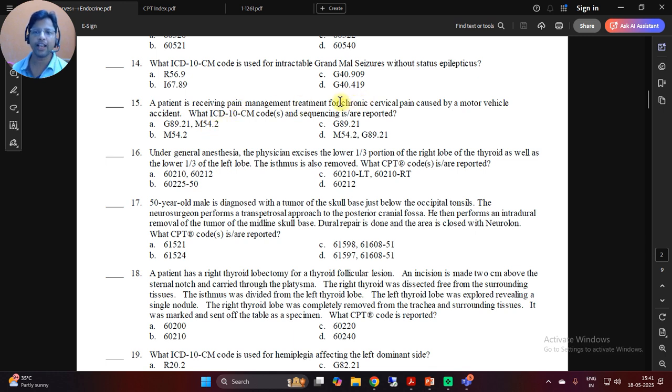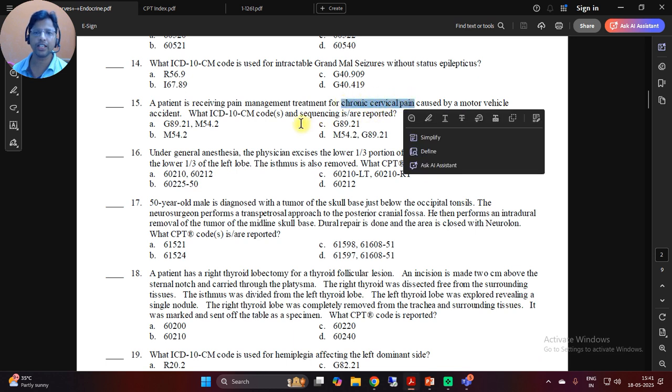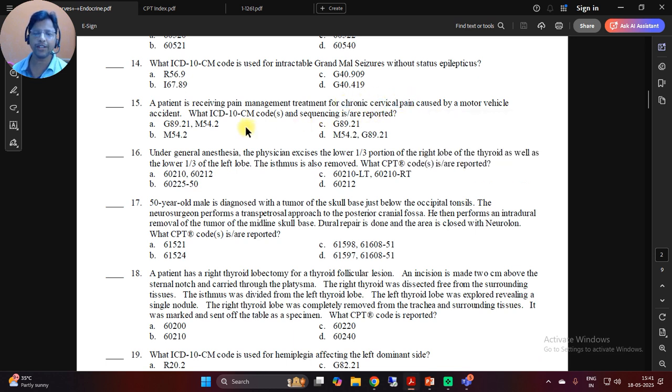Here the documentation contains chronic cervical pain, correct? M54.2 is for cervicalgia and G89.21 for chronic pain as the patient came in for pain management. In this scenario you need to follow your ICD-10-CM guidelines.